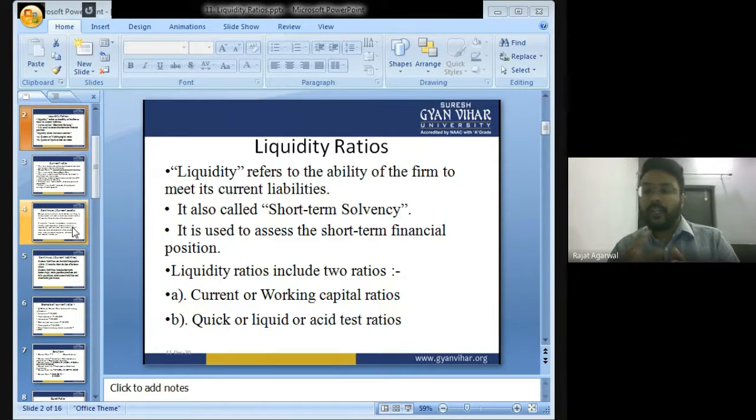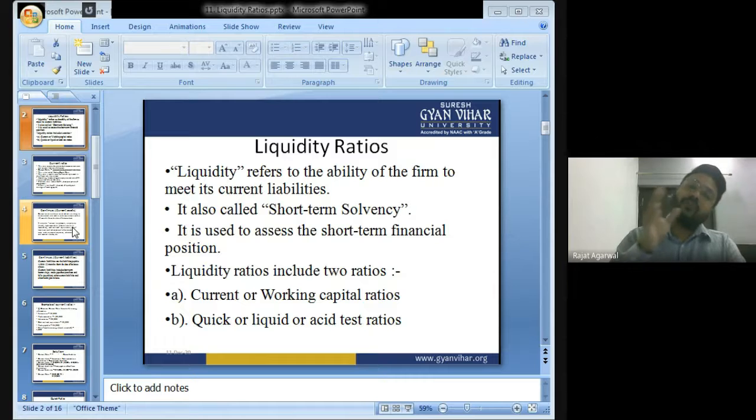So through liquidity ratio, we will get to know the short-term financial position of the company. In liquidity ratio, we discuss two types of ratio, that is current ratio and quick ratio. What is the formula of current ratio? Formula of current ratio is current assets divided by current liability.